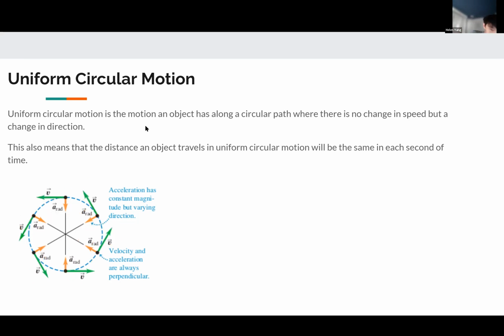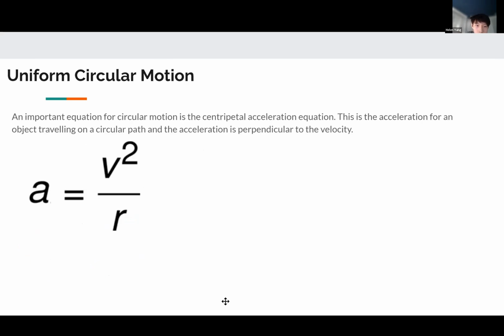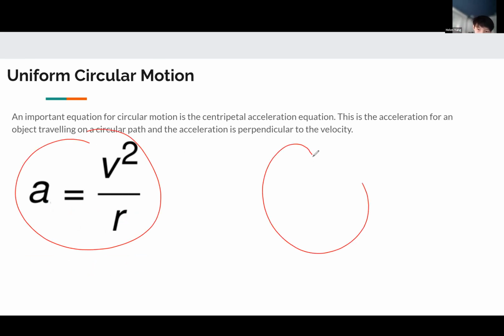So an important equation when talking about uniform circular motion is centripetal acceleration. If you draw a circle like this, if the velocity is tangent, then the centripetal acceleration is always pointing inwards, and it's always perpendicular to the velocity.